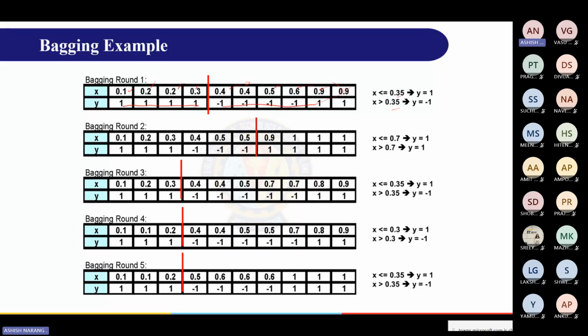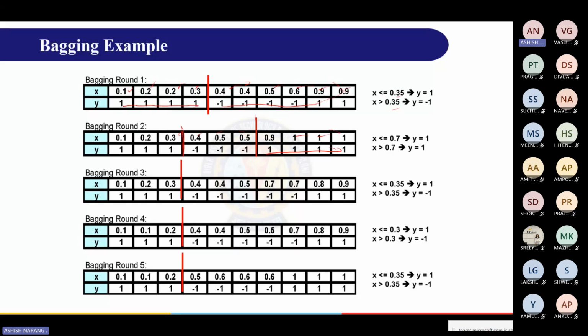If you look at bagging round 2, these are the values that are picked up. Three times you see 1, and here you see 0.4, 0.5. So this is another sample drawn. Now if I look at the entropy point, either I can put the entropy value here or here, but since there are more records on this side, this will be the better entropy point.